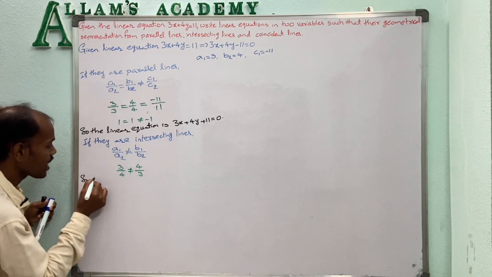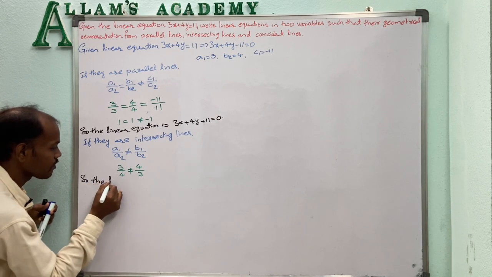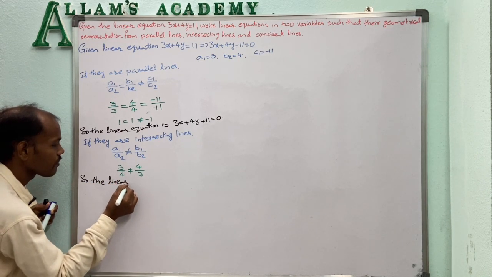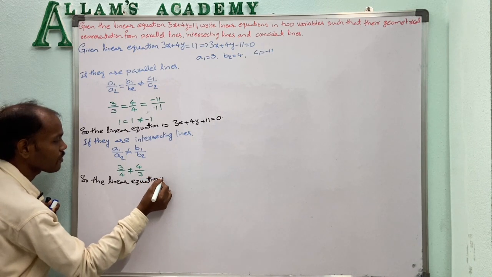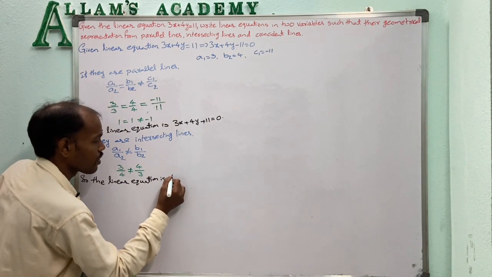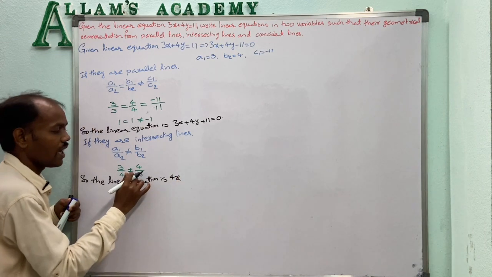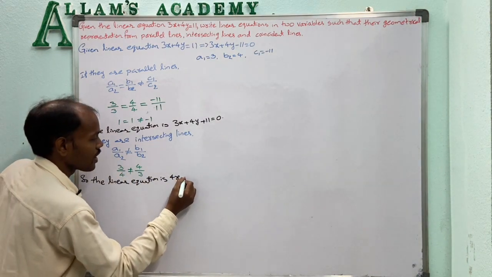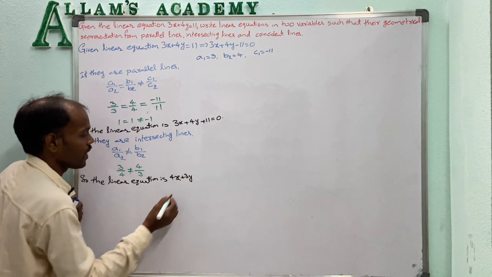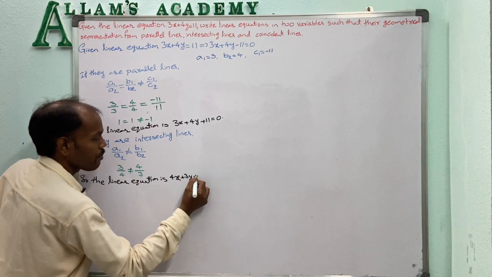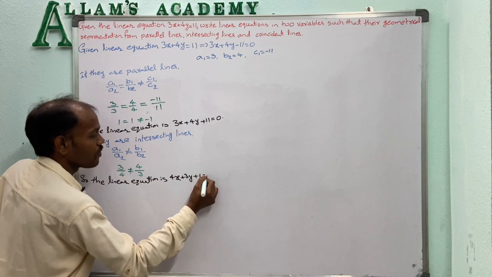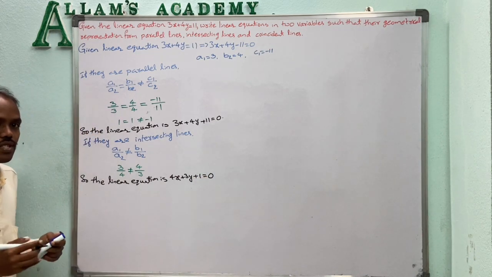So the linear equation is 4x plus 3y, and the constant term can be anything, not a problem, so plus 1 equal to 0.